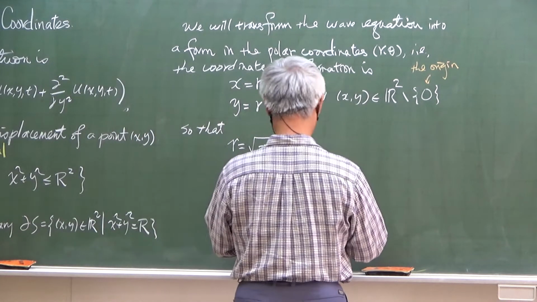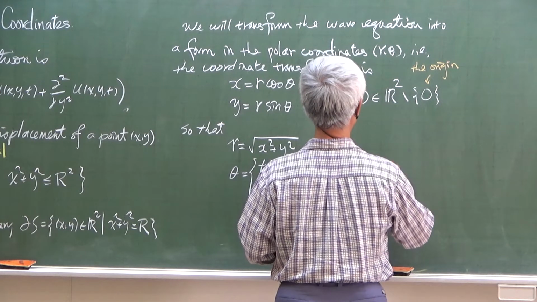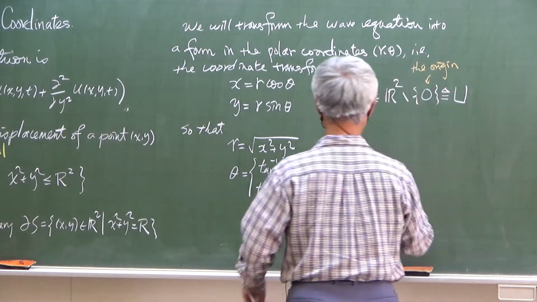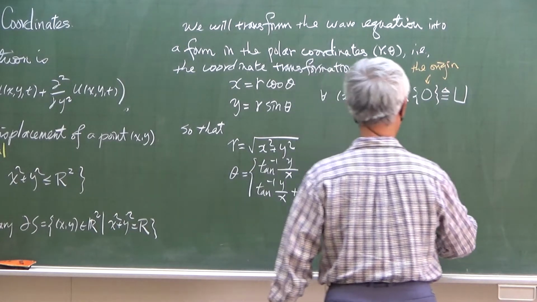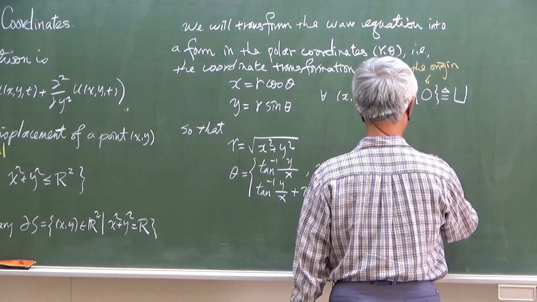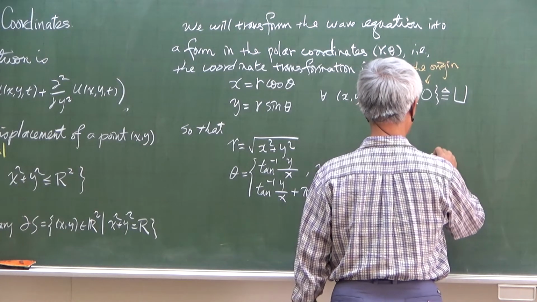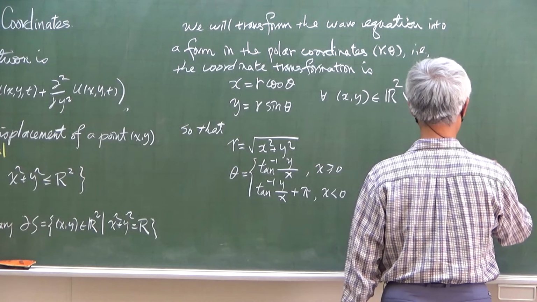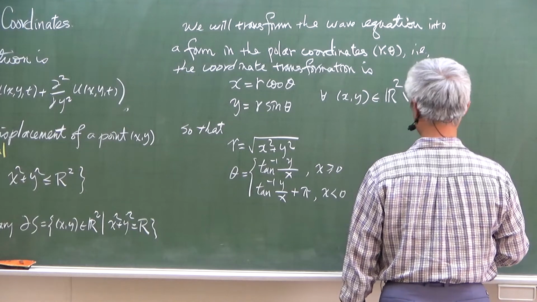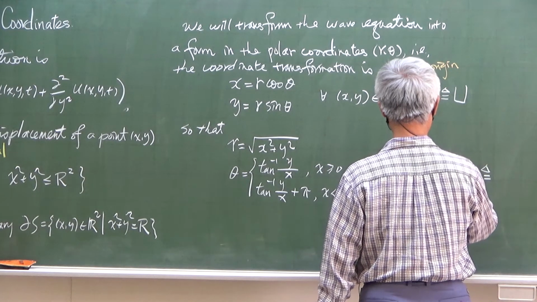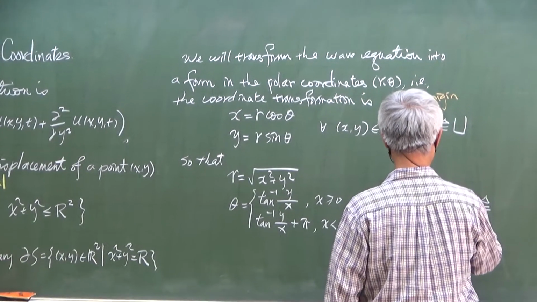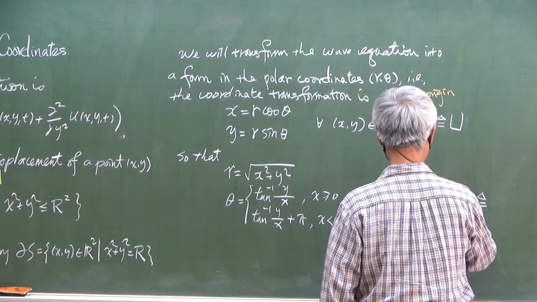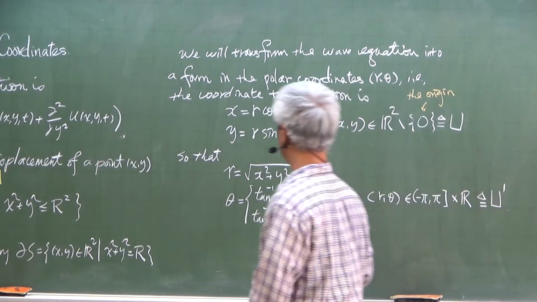We call this u tilde, and (r, theta) is in the region, going to be, so maybe I will say pi.